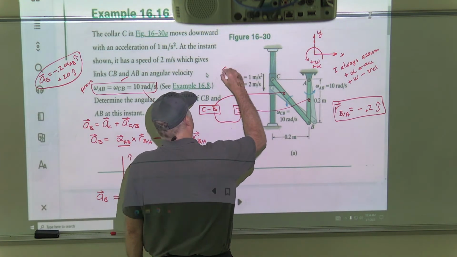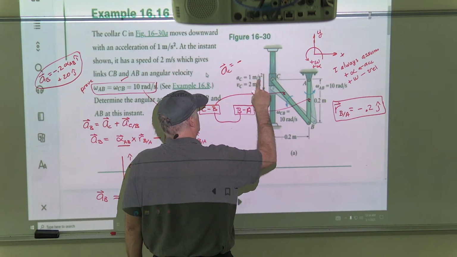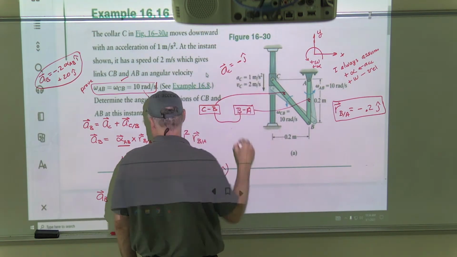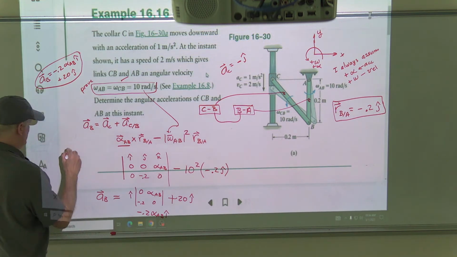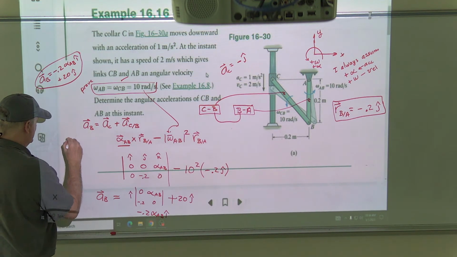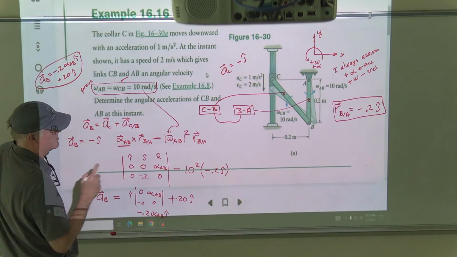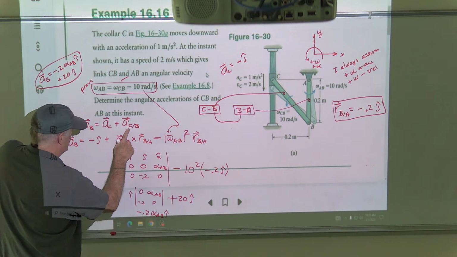So the acceleration of C in vector form is actually minus, it's going down that way, that coordinate is just that. So believe it or not, I can sort of back up and say acceleration of B is equal to minus j, you just don't need to put the 1, plus, now I'm on length CB.